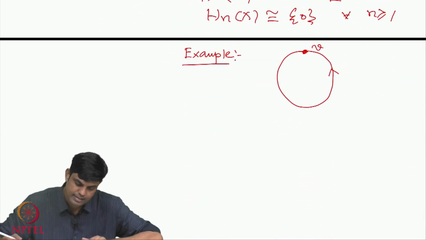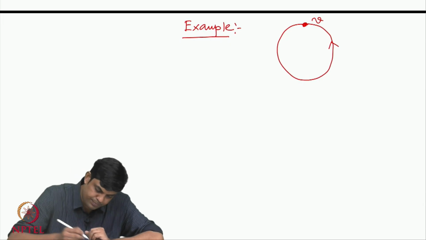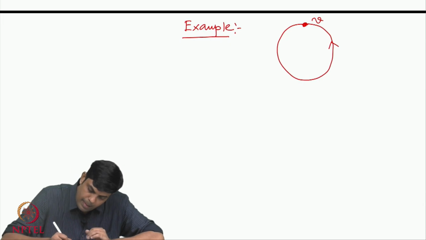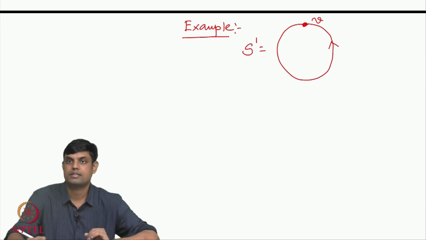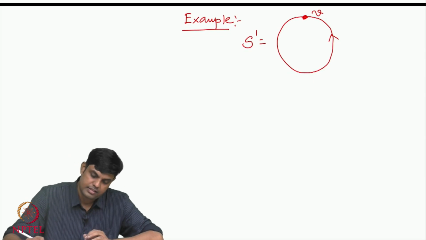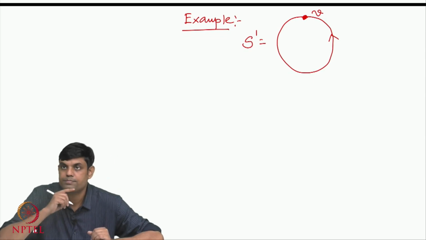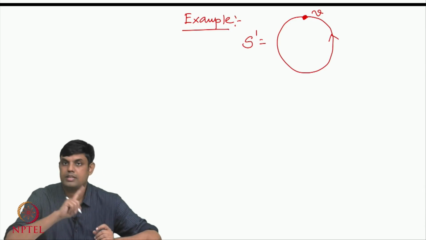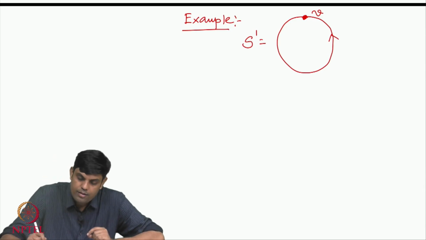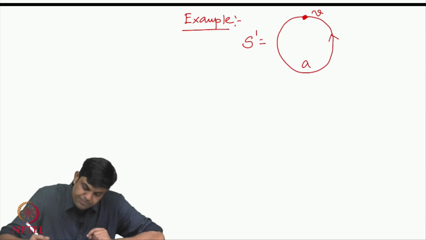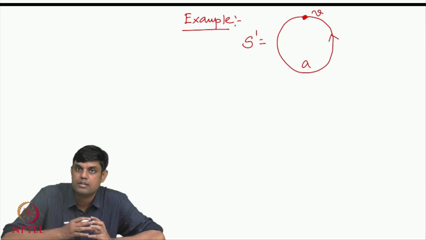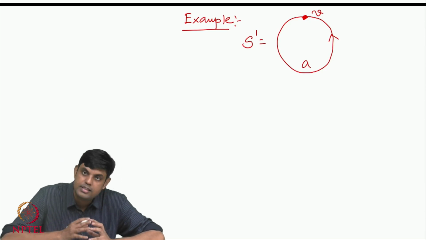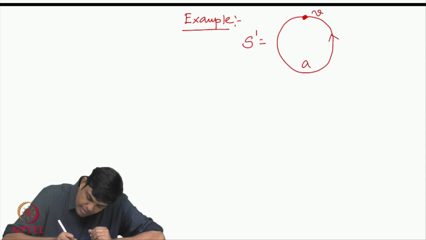Let us go to the next example, which is the circle. I am putting a simplicial complex or delta complex structure on the circle with only one vertex, V, and only one edge, call this A. What is the simplicial chain complex or delta chain complex structure here?